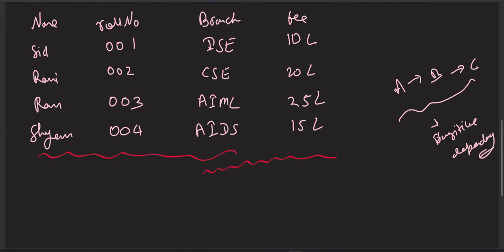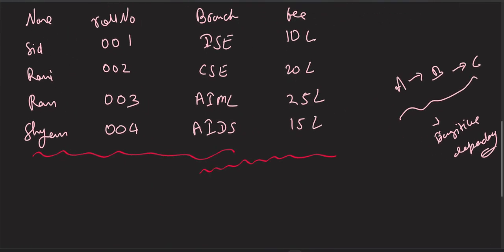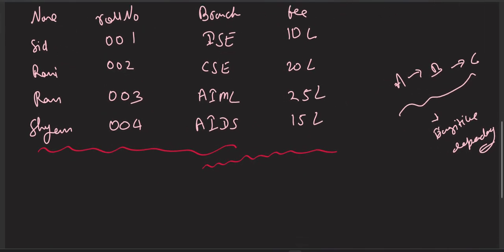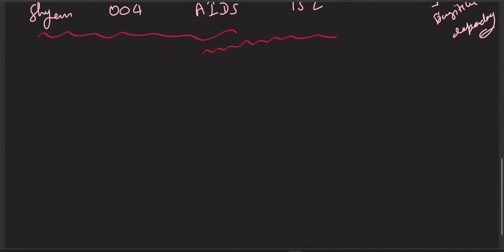So this table is divided into two parts. First is name and roll number and branch, and the second table will be branch and fee.